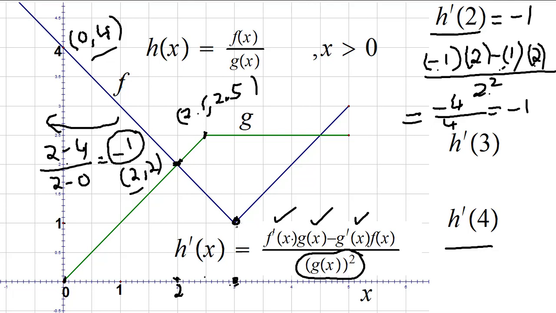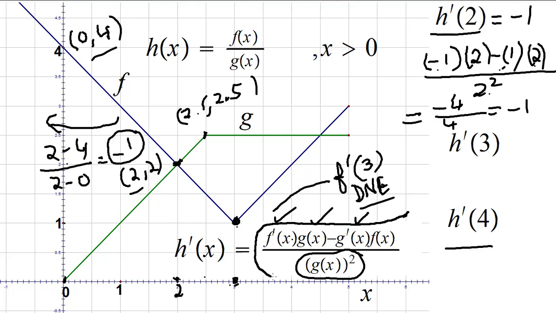Here we see a corner, so f prime at 3 does not exist. Since that does not exist, we cannot get the derivative at 3 for the quotient, because the numerator doesn't have a derivative there. So the answer here is that it does not exist.